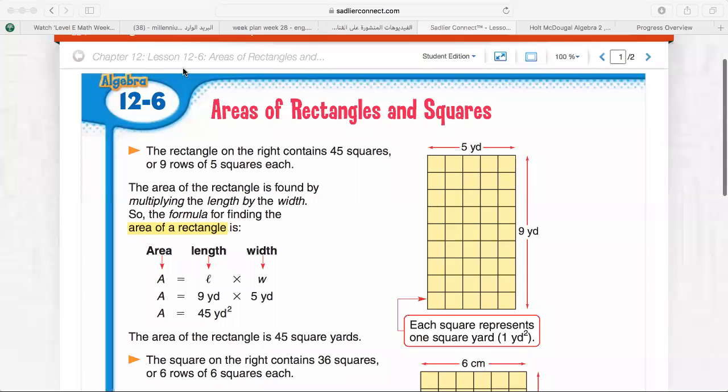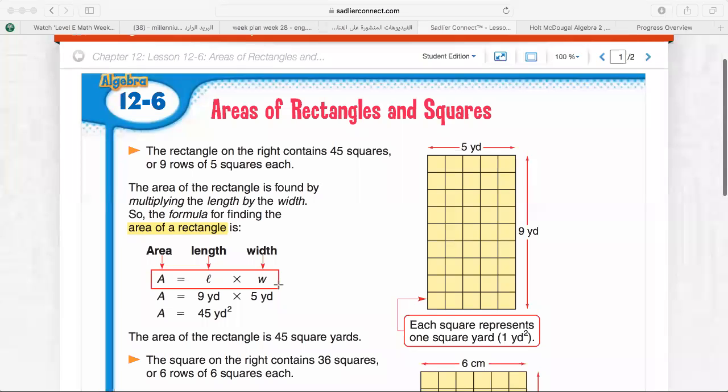Okay, girls? So you have to study this formula well. Area A is equal to length multiplied by width. Before you answer any of these area problems, you have first to write the rule.